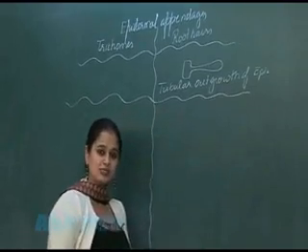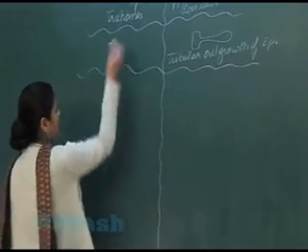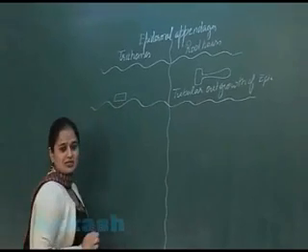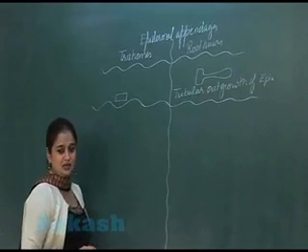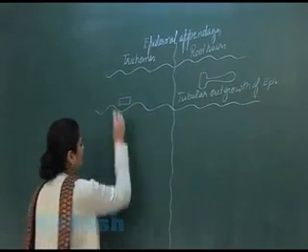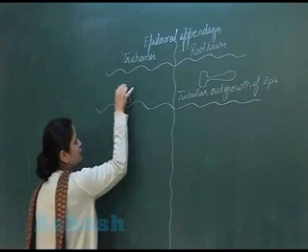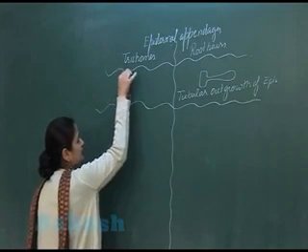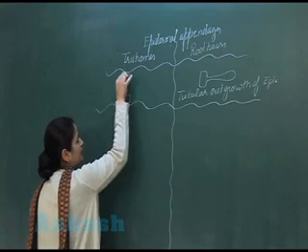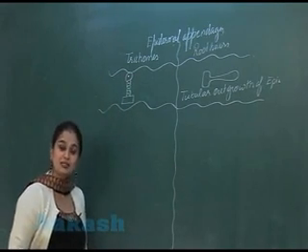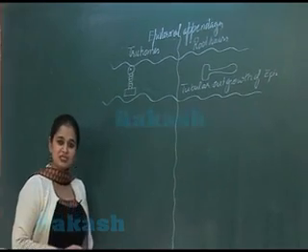Now let's see what is there in the trichomes. They are not outgrowths. Let's say this is an epidermal cell. They are not outgrowths of the epidermal cells. They are extra cells present over the epidermis.